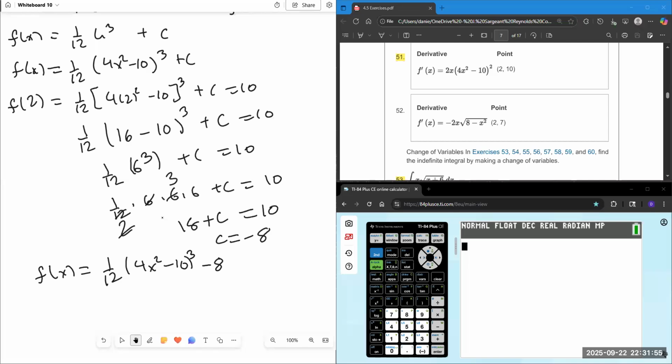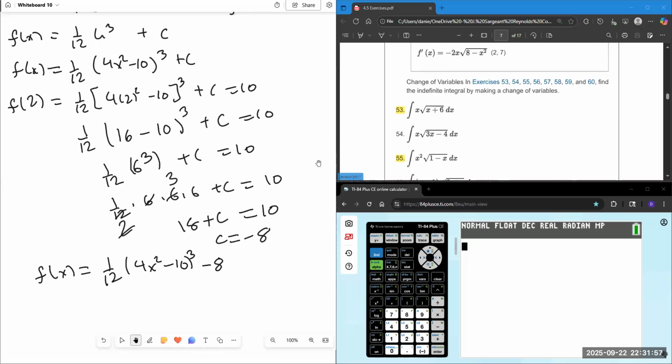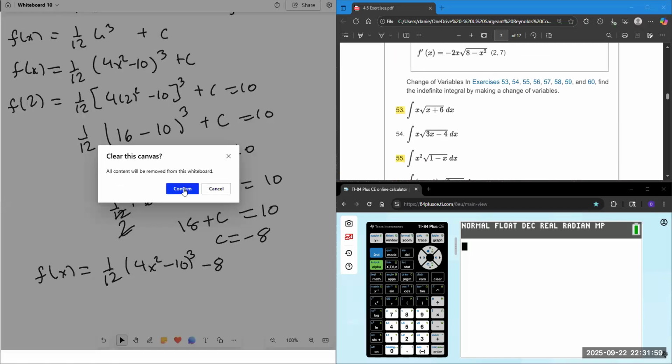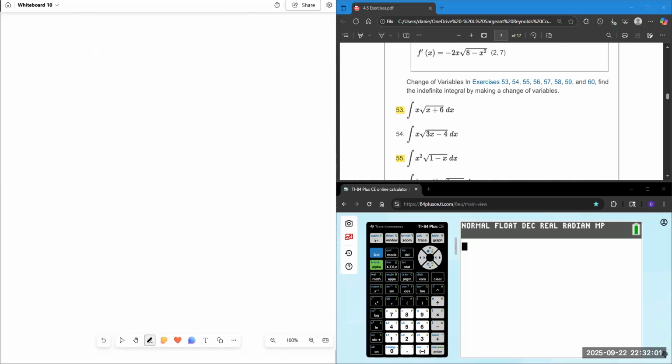Now at number 53. I'm going to do these a little bit differently than I did my u substitutions with the other ones. The reason why is because I can't take the derivative of the inner function and get this piece that's on the outside, because it's too high of a degree.